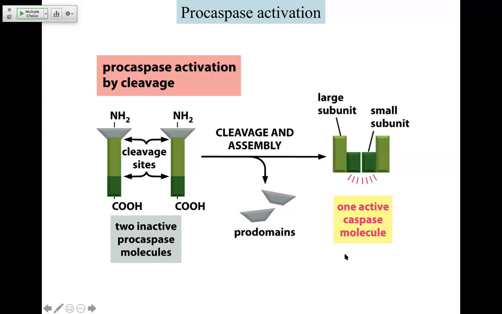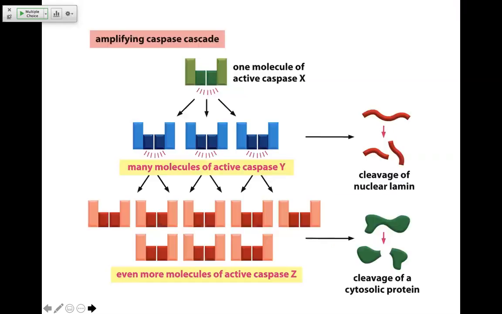Once this gets started, this would be considered an initiator caspase, because this caspase will then proteolytically cleave other procaspases, resulting in this cascade of proteolytic cleavage, and quickly the activation of a number of different types. We're just naming them X and Y and Z. This could be, for example, caspase 9, which activates caspase 3, which then activates other caspases.